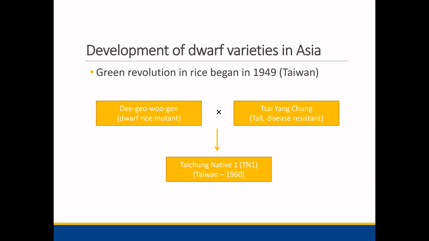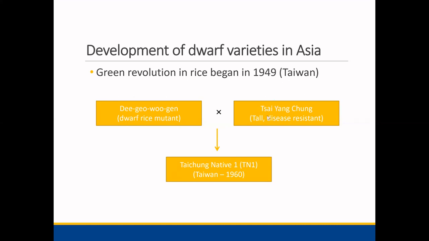We said the major difference we made is we brought the height to a smaller height, because the earlier varieties were taller, we had to have the short varieties, right? So this variety had the dwarf gene. Dwarf means short, right? So this is the dwarf rice mutant, DGWG. So that was the first parent.